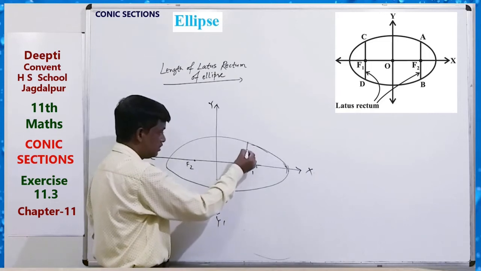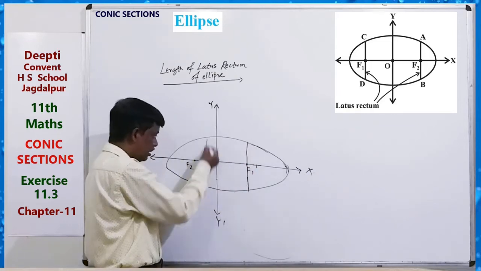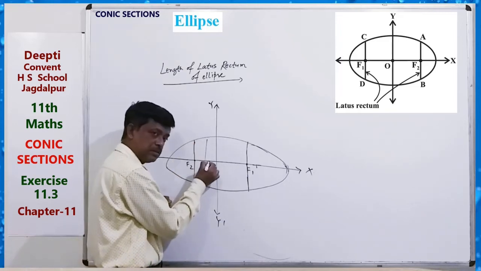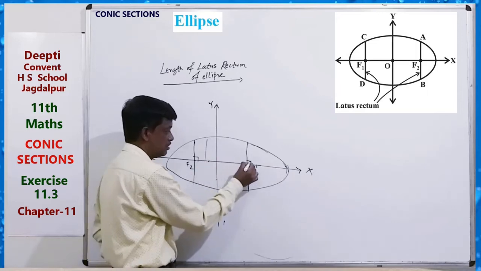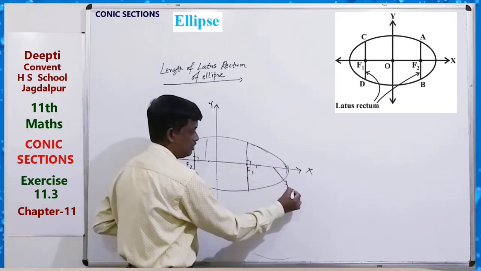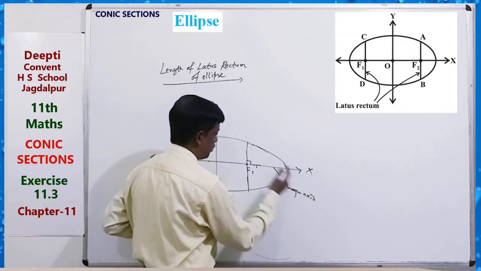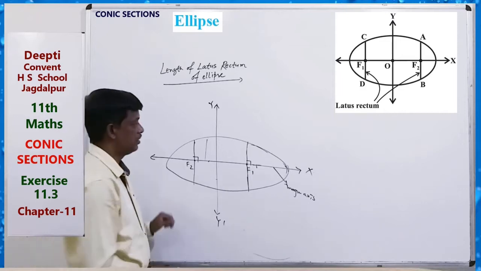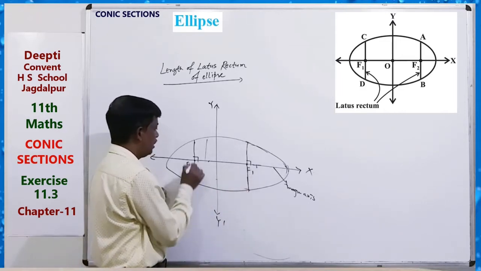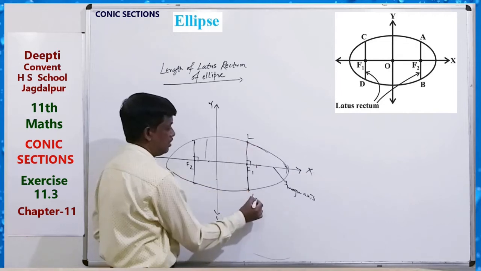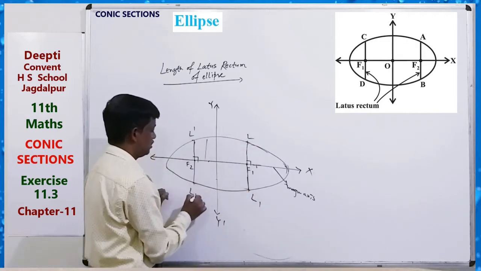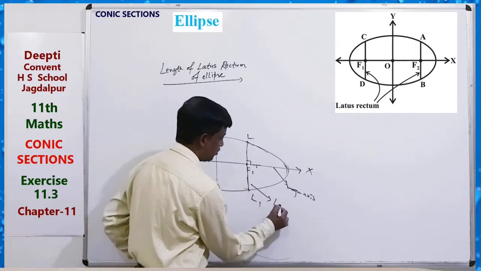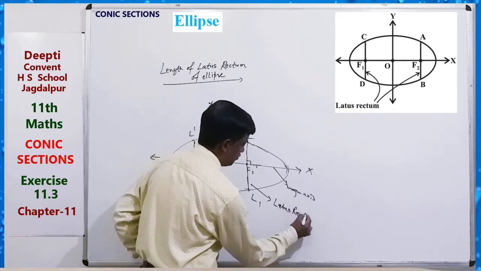Lines perpendicular to the major axis and passing through the focus are called latus rectum, and the endpoints will lie on the ellipse. So L, L1, L dash, L1 dash, these are the latus rectum.